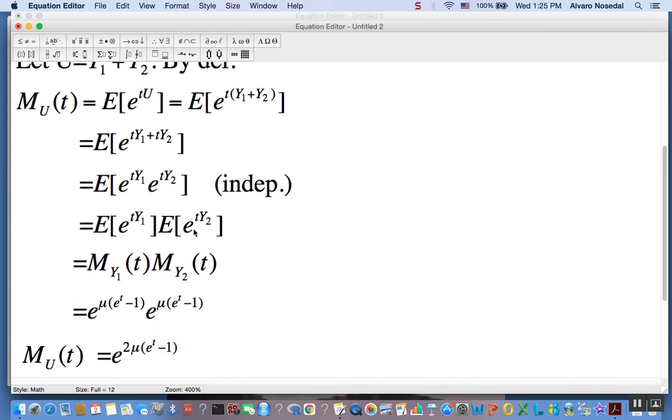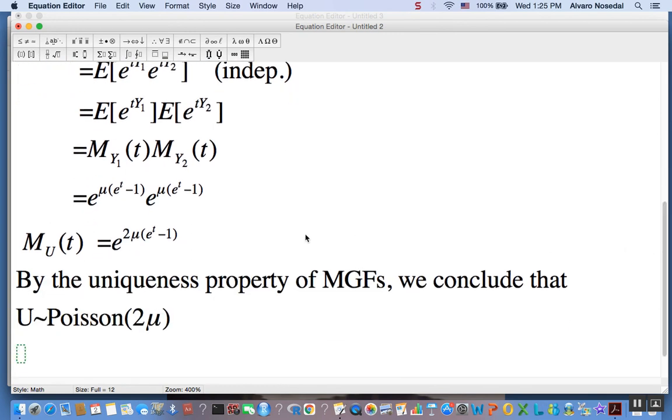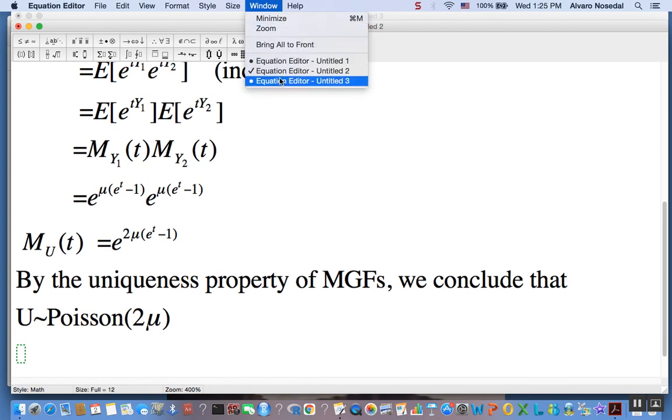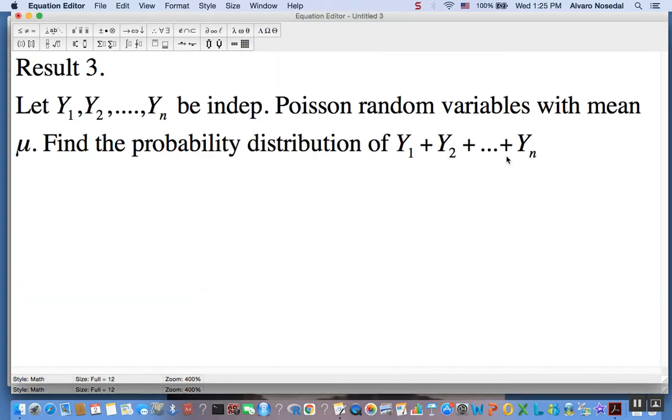Instead of 2 terms, here you have n. So, basically just following the same steps as for result number 2, you will be able to show that the probability distribution for that sum is going to be a Poisson with parameter n times mu. Make sense? So try and do that later tonight, just for fun. It will take just 5 minutes.